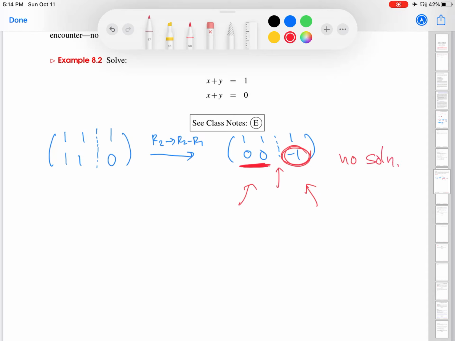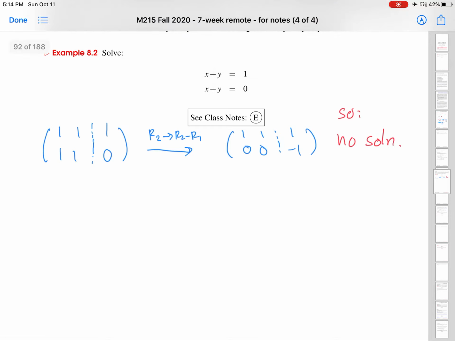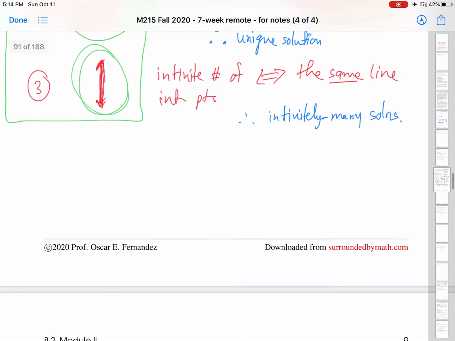All right, so that's how no solution pops up in augmented matrix world. Okay, so I'm just going to keep that conclusion over here so I might come back to it later. So no solution. Great.